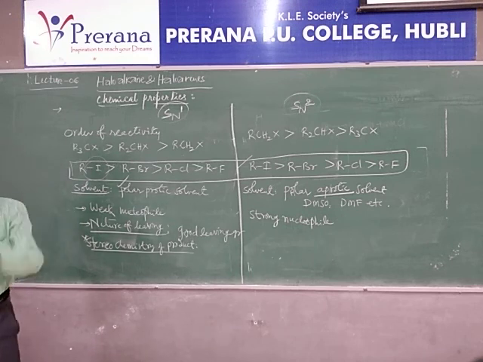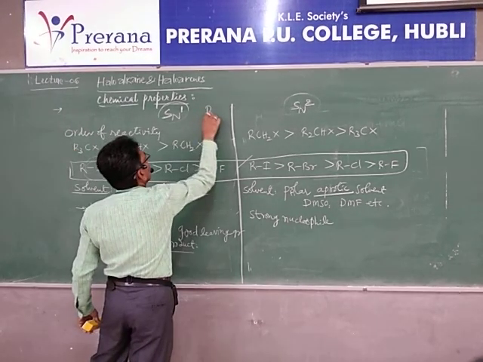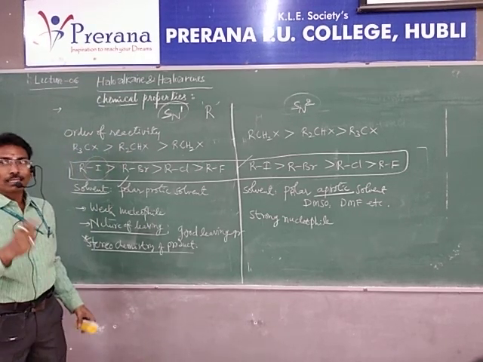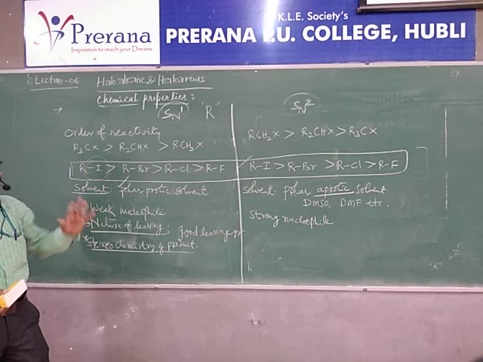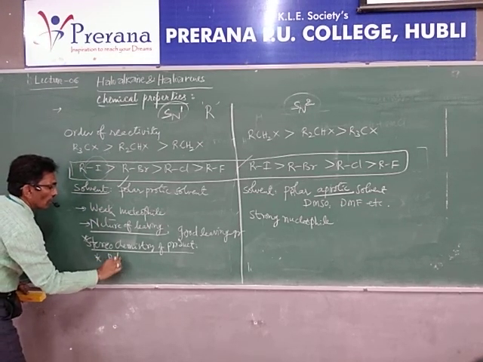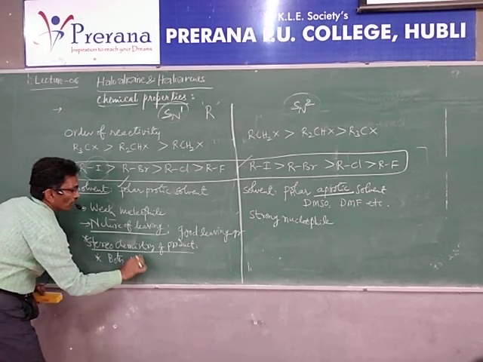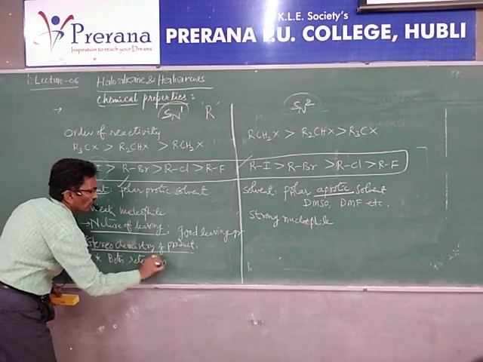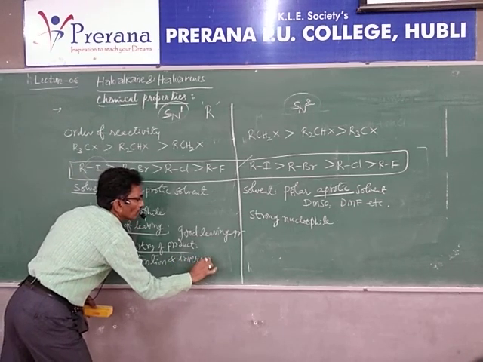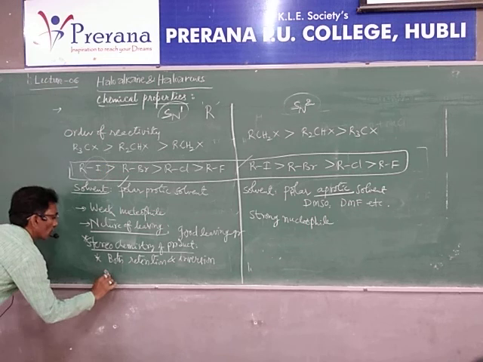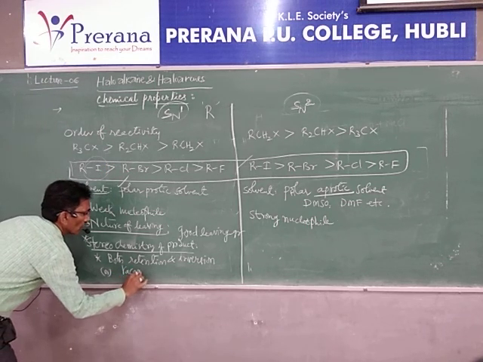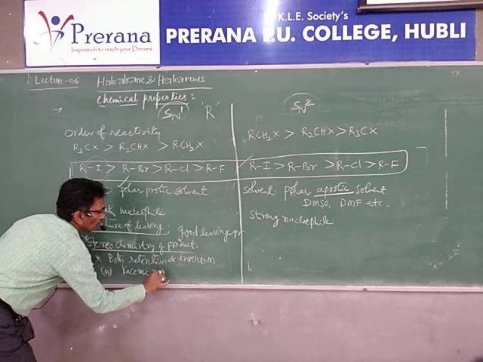Just like looking at the letter R in the mirror, that is reversal, like inversion and retention. Both are happening, so it is known as retention and inversion of configuration, or simply it is available as a mixture, that is racemic mixture.